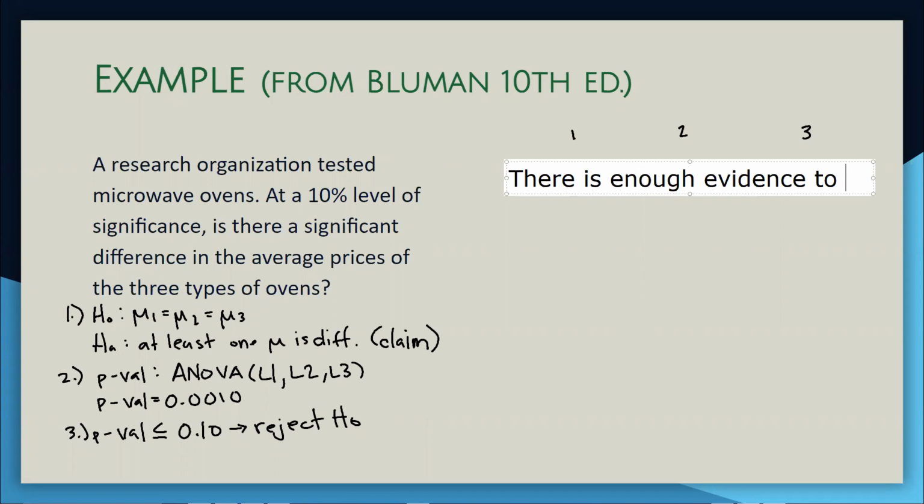So we're talking about support. There is enough evidence to support the claim. And then we go back and we look at the statement in the problem. Is there a significant difference in the average prices of the 3 types of oven? So we would say there is enough evidence to support the claim that there is a significant difference in the average prices of the ovens.